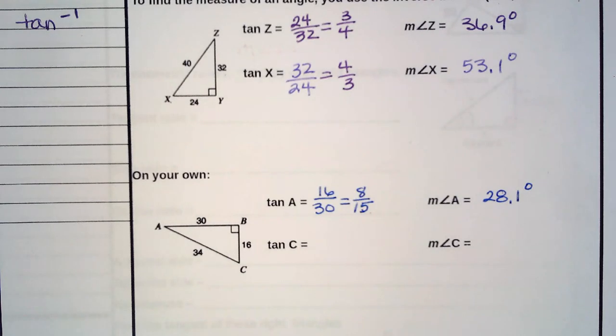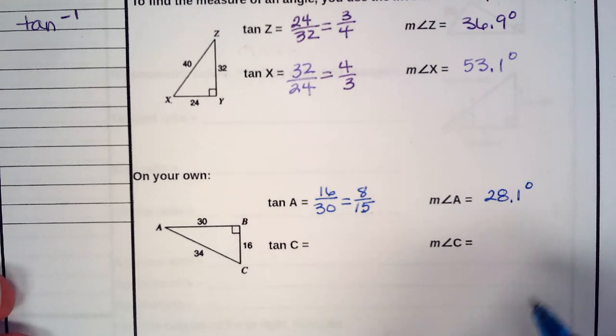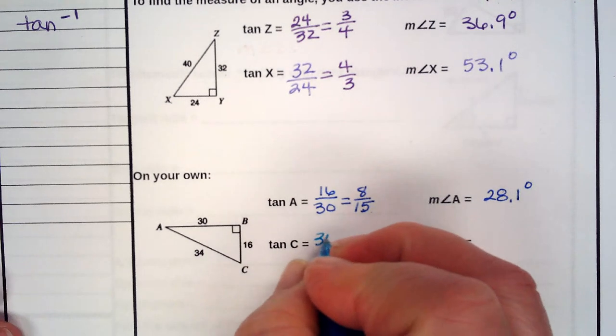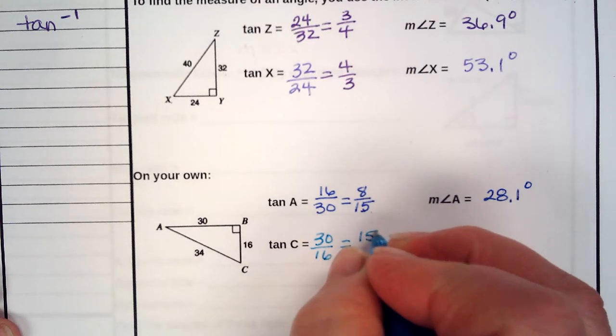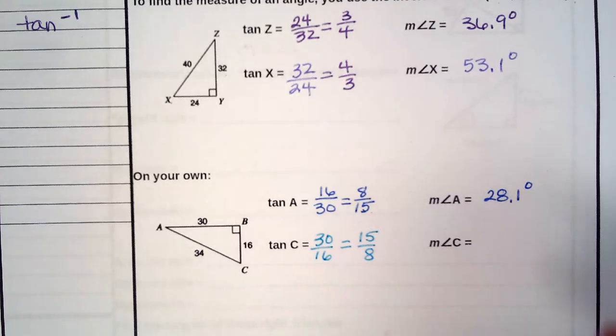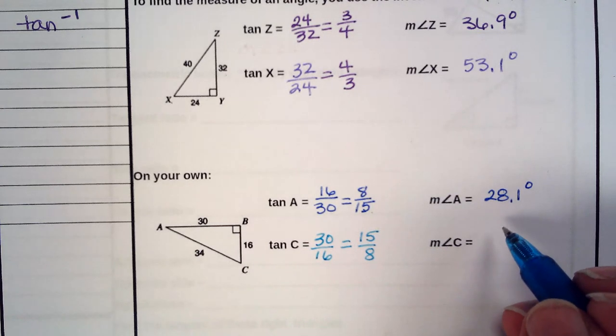What about the tangent of C? What is their relationship again? They are reciprocals. So this becomes 30 divided by 16, which becomes 15 over 8. Now, if one of the angles is 28.1, how else could I find the measure of angle C?